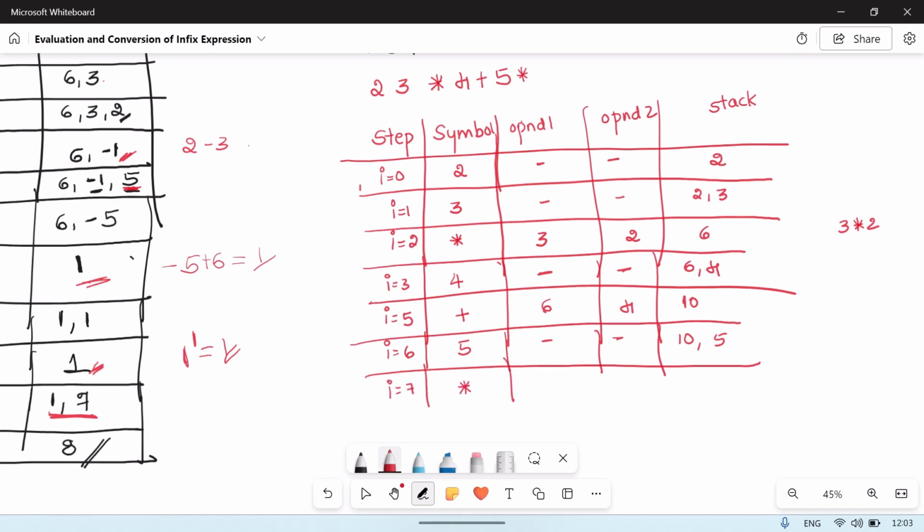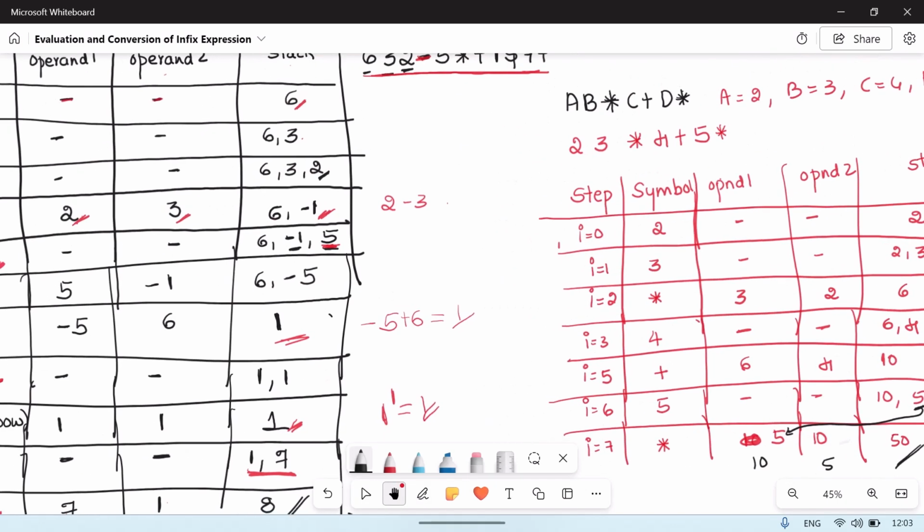The value that you have is star. So pop out the elements. Here it should be 5, then 10. So it will be 50. Why is it not 10 coming first and then 5? Because based on the principle of last in, first out, the last element that was pushed should come out first. So that is why I have done like this, and the result you'll be getting is 50.